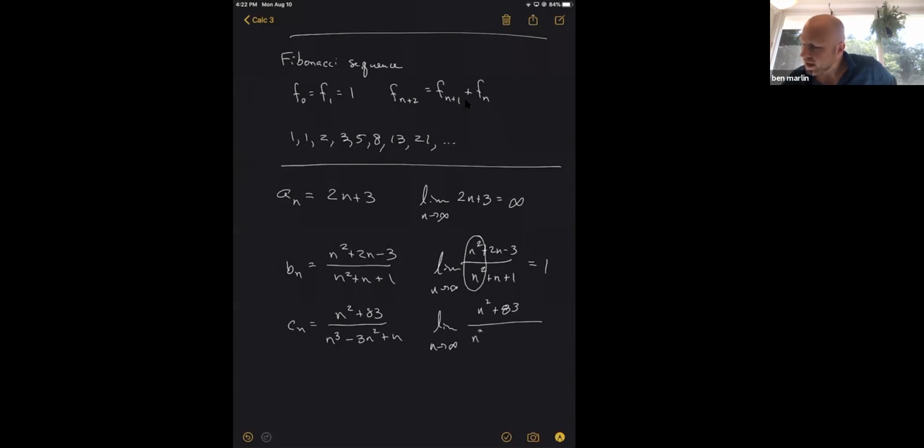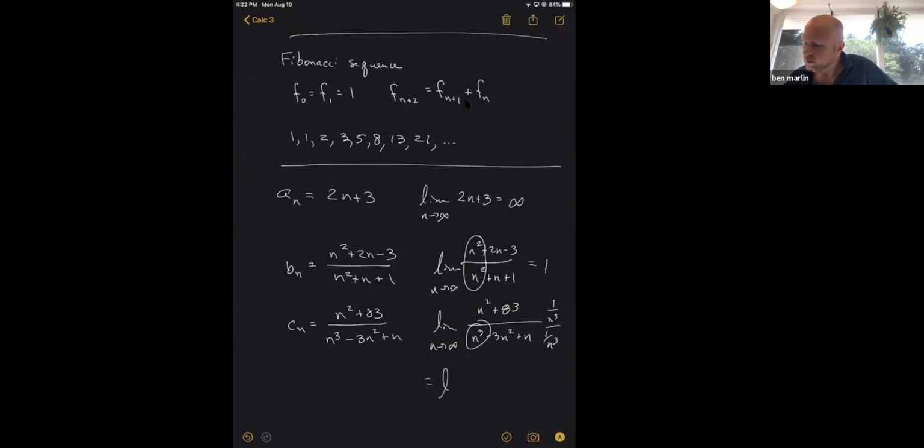So when that happens, the thing that you have to do is to identify the largest power that you're seeing. In this case, n cubed. Maybe a better way to say it is you identify the largest order of growth. That's a cubic. And then multiply the top and bottom by 1 over that.